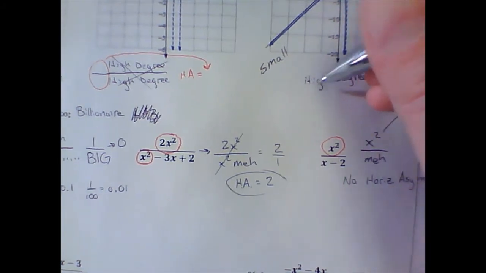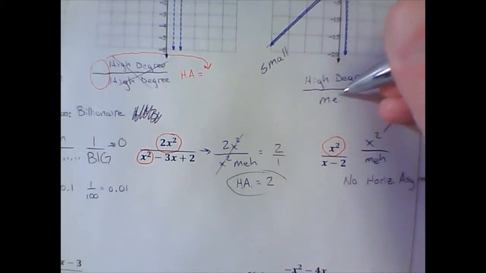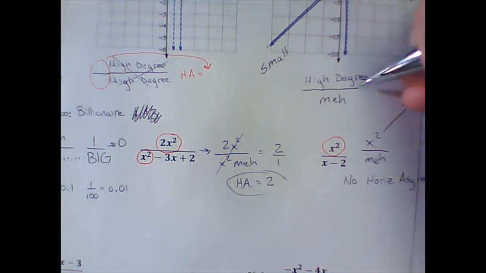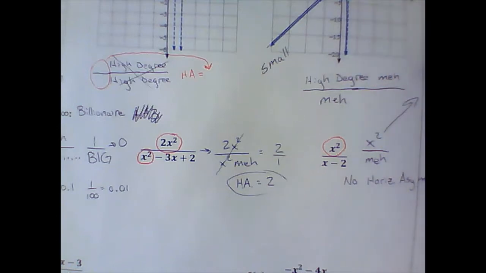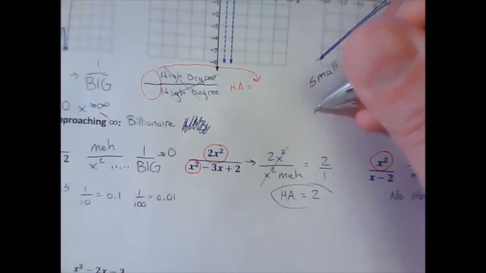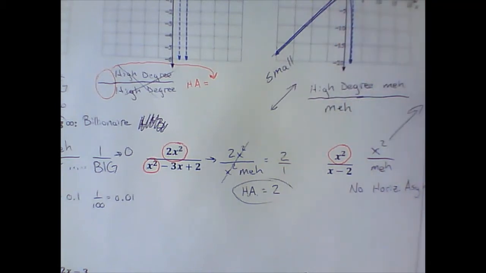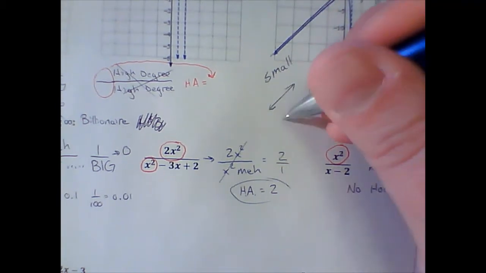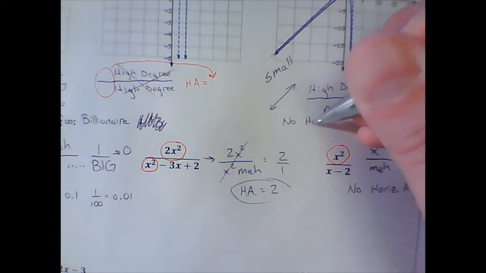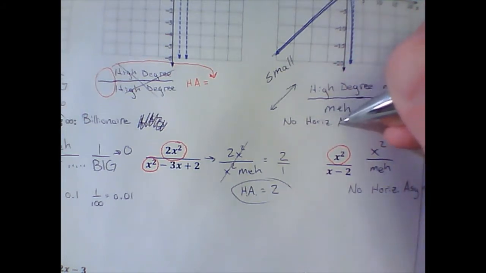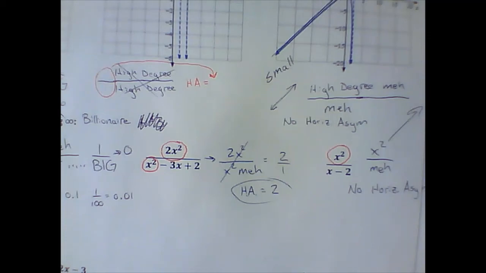So if your high degree is on top, it's slanted. If it's a negative high degree, by the way, it slants the other way, so you can get a slant going down. But again, the high degree is on top. There is no horizontal asymptote.